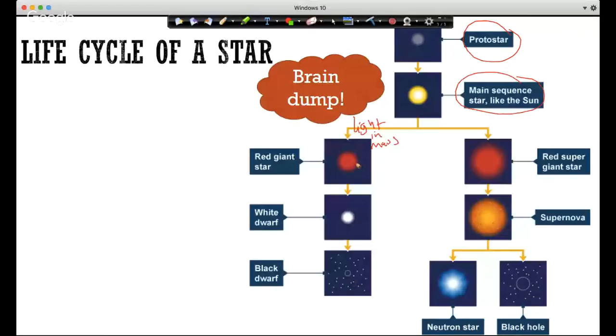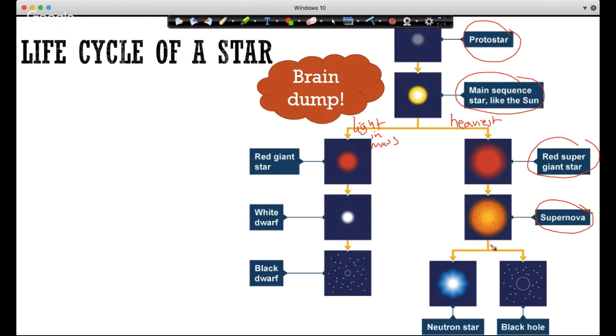It's just going to cool down, and it's going to contract into a white dwarf and contract again into a black dwarf. Now the heaviest stars are going to expand into a red supergiant, because they're so heavy, they're super. That's going to explode then in a supernova. And when it explodes in a supernova, that's where your really heavy elements are created. So your elements heavier than iron are created in a supernova.